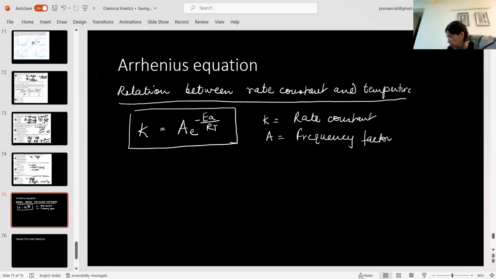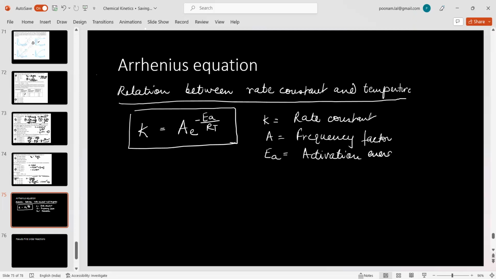So what percentage of molecules are undergoing effective collision for the formation of the product? That is the frequency factor. Then Ea, I showed you the other day, is the activation energy. That is the minimum energy the molecules should possess in order to change into products.